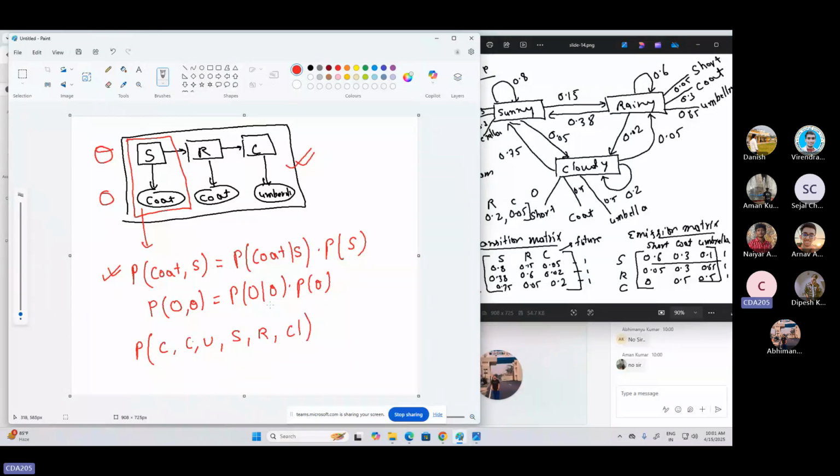The coat will be formed with sunny, this one with rainy, and this one with umbrella. So we can write P of CS into P of CRA R into P of UCL into PSU into PRS into PCLRA. We can write here this one, PCLR.